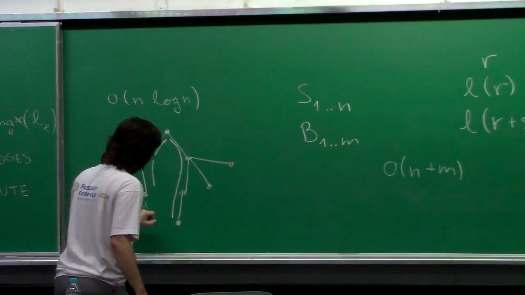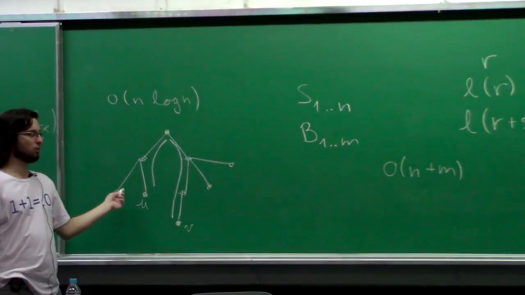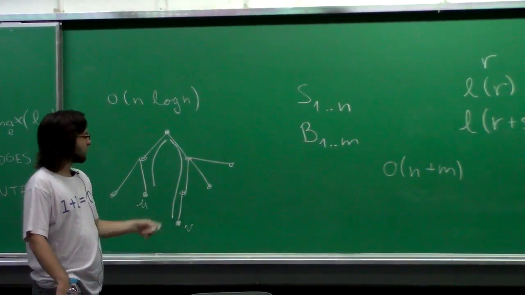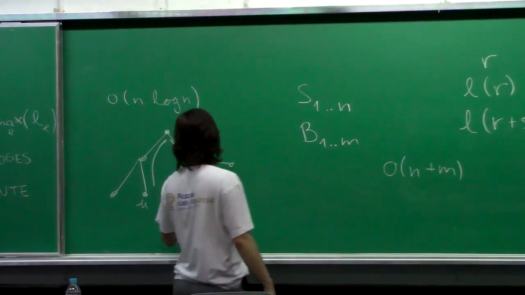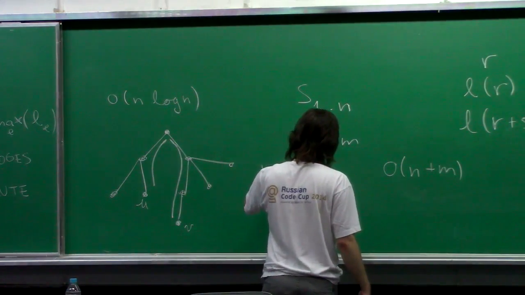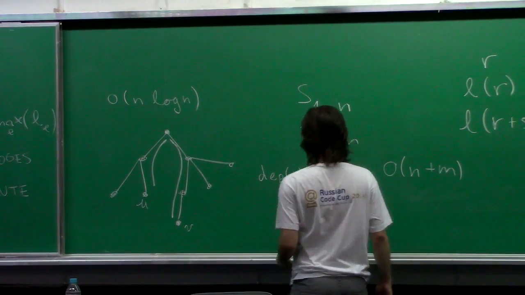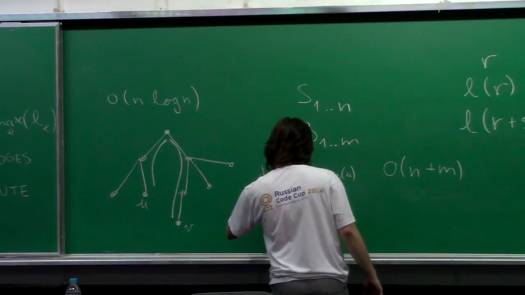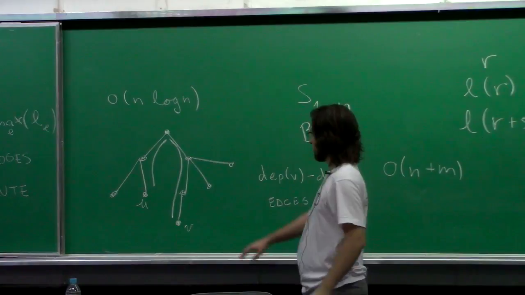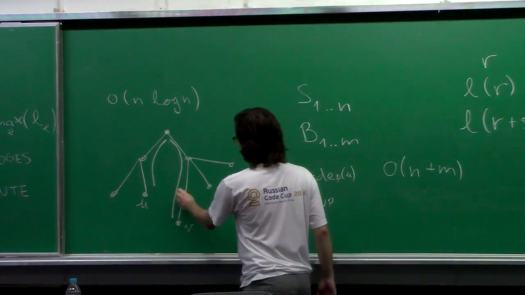For example, let's call them U and V. So the maximum depth of U and V, and then we move dep V minus dep U edges up. So for example, from vertex V here we would get to this vertex.